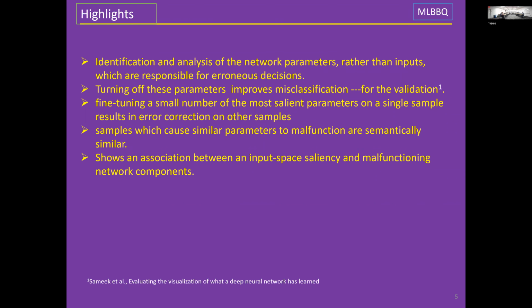Okay, so the highlights of this paper are: it identifies and analyzes the network parameters rather than inputs, and it tries to locate the malfunctioning parameters, and then it shows that these parameters are indeed malfunctioning by using some validation approach, similar to what we do for our input space saliency maps.